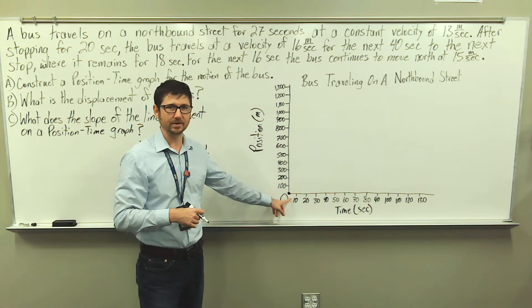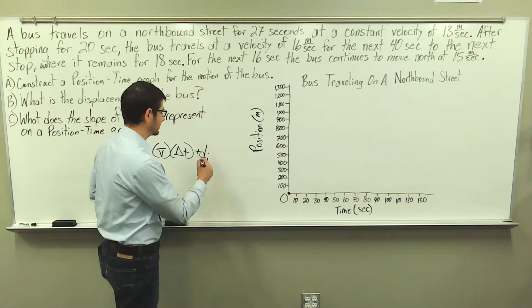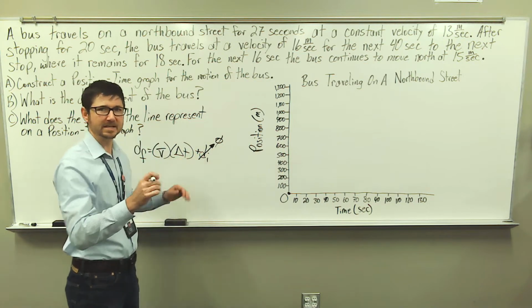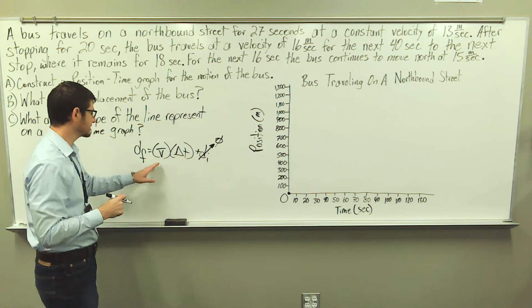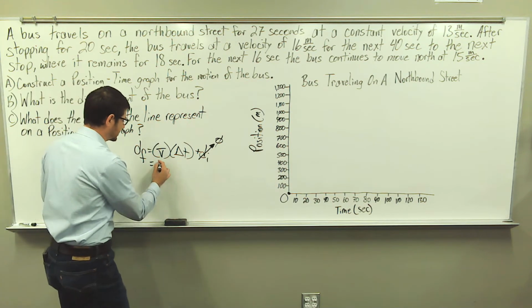For our first scenario, we are starting at a position of 0 meters, so this goes to 0. We don't need to mess with it anymore. My constant velocity is 13 meters per second.